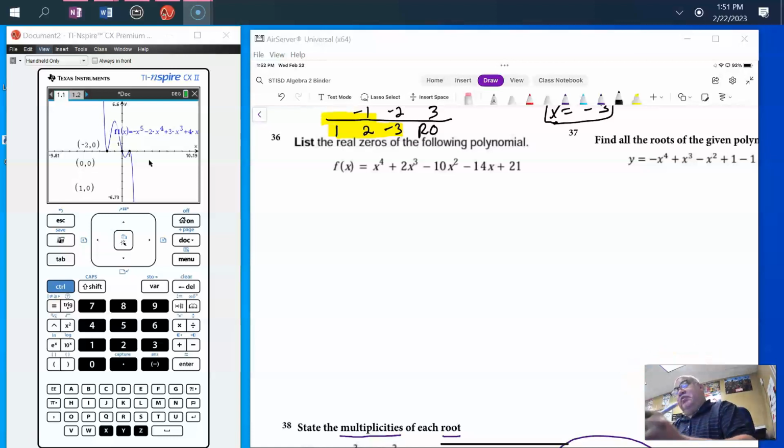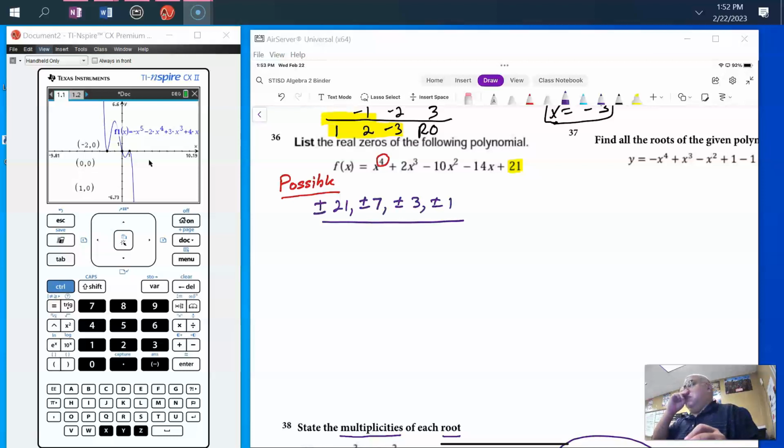For example, if you're given this problem, you know that it says list the real zeros. And we know that we have 4. We definitely know there are 4 zeros or 4 roots. If I had to guess what they could be, I'm going to write the possible roots. So I'm going to look at my constant and start listing the factors of my constant: 21, 7, 3, and 1.